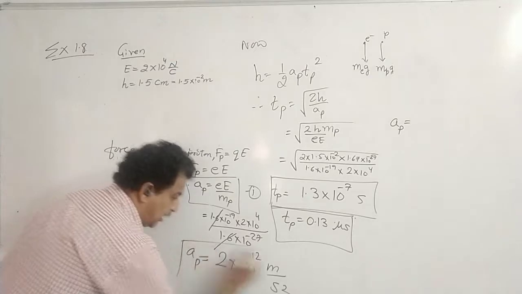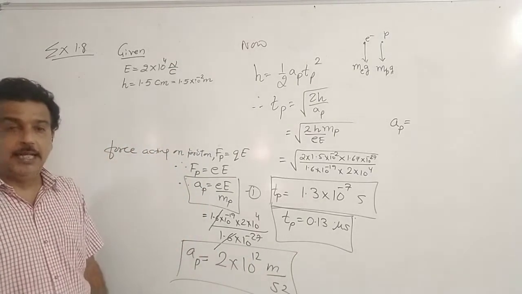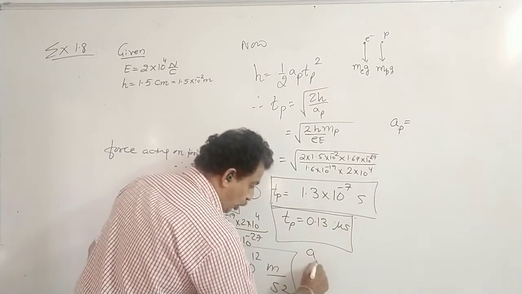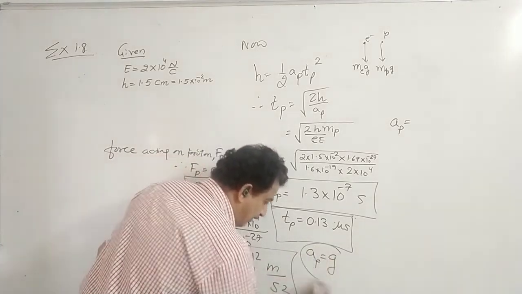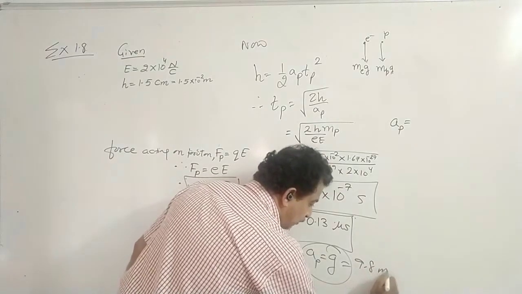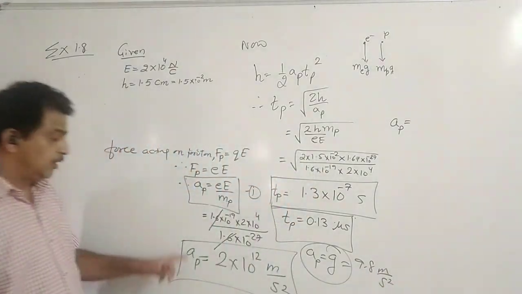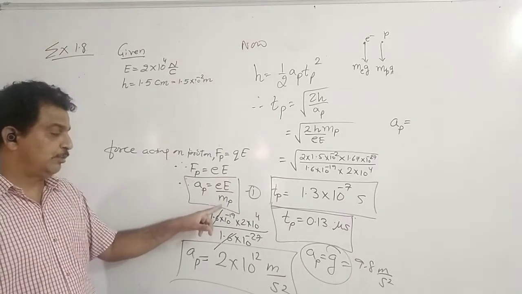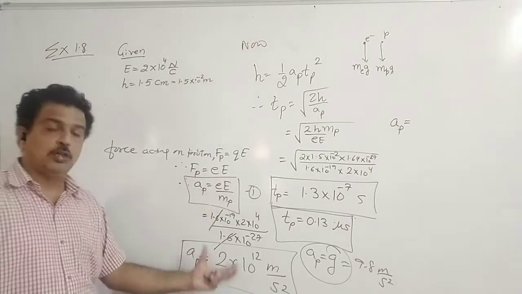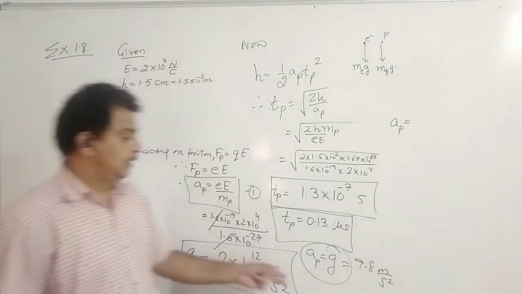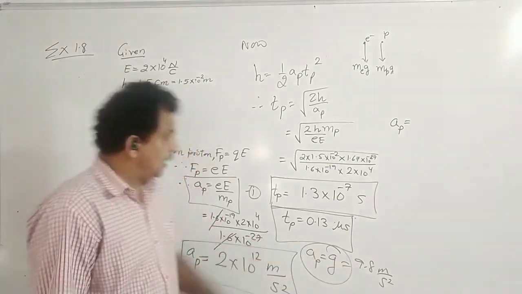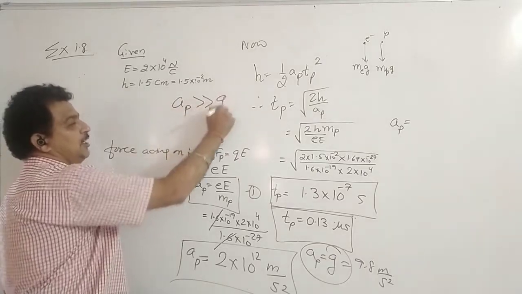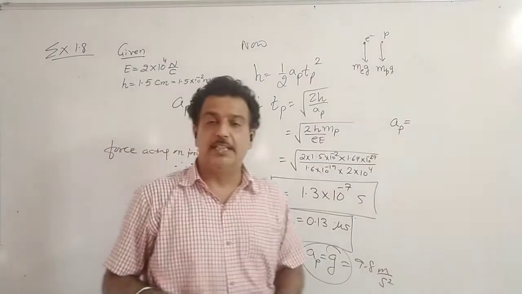This is the acceleration of the proton in the presence of an electric field, while the acceleration of the proton in the presence of only gravity is 9.8 meter per second square. Now if I consider the acceleration of an electron, m_e is smaller, the mass of the electron is smaller, so this value comes out to be more than the value of this g. So in both the cases, the acceleration due to the electric field is much greater than the acceleration due to gravity.